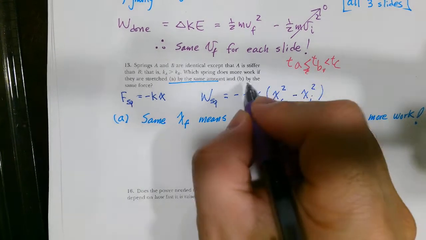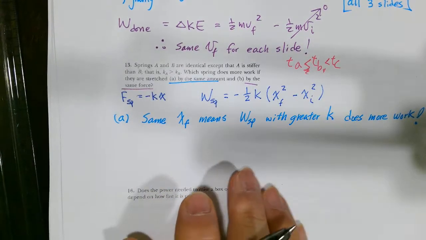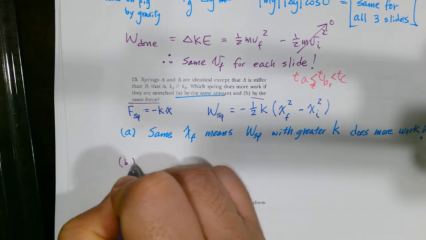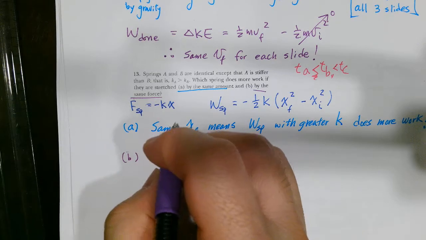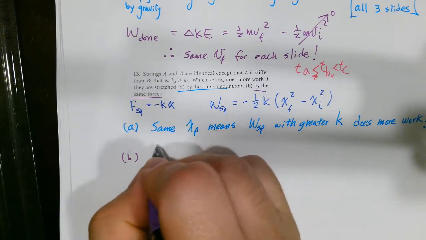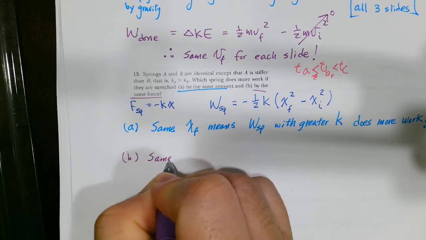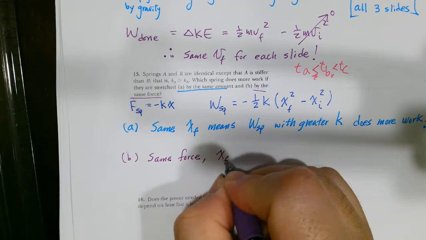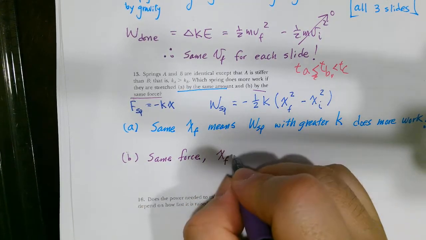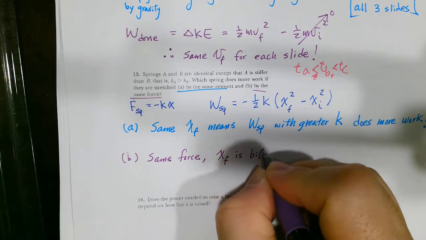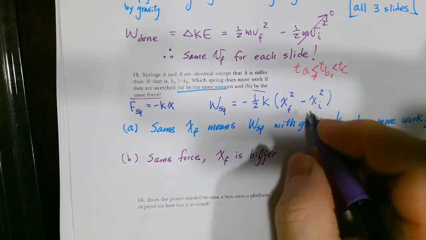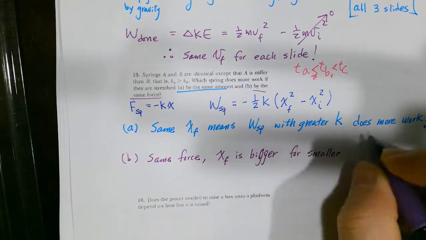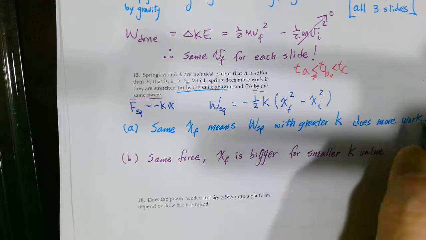What about part B? By the same amount of force. Okay? So for part B, okay, same force, right? X final is bigger for smaller K value, right?